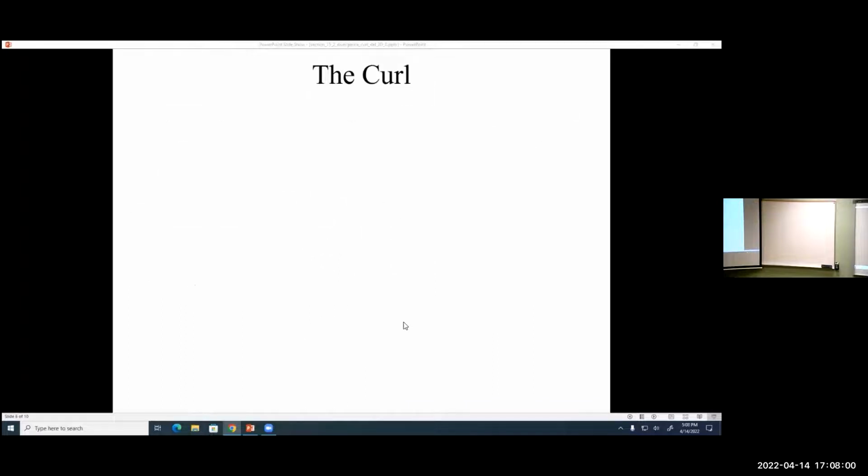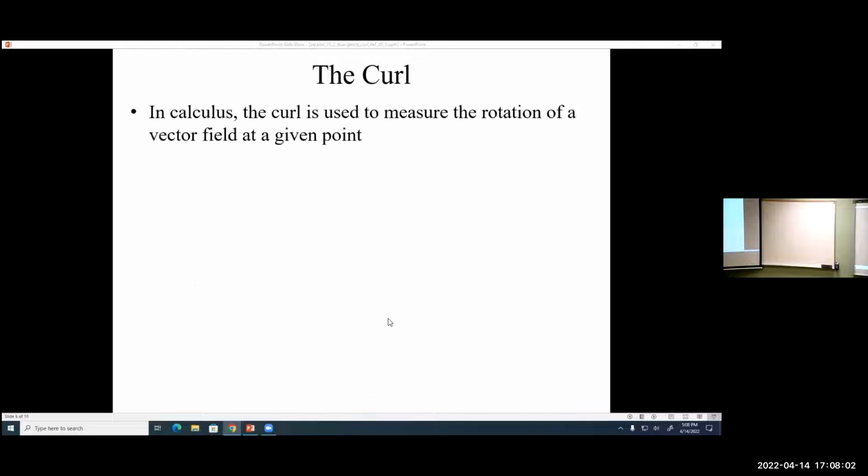Okay, let's talk about the curl. So the curl calculates the amount of rotation of a vector field at any given point. It's similar to divergence in that it calculates an attribute of a vector field at a single point, but the attribute it's looking at is different. Now we're looking at its tendency to rotate at any given point.